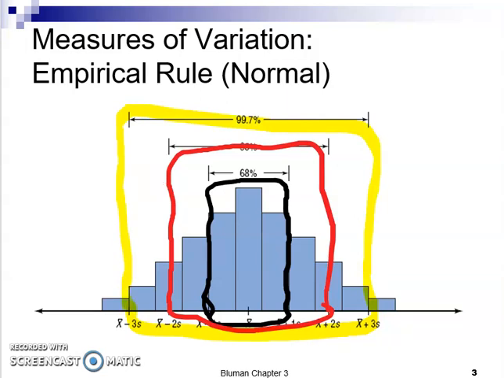Almost all the data is covered within that 3 standard deviations of the standard normal distribution. Now, we're going to use the fact that we know that these percentages lie within 1, 2, and 3 standard deviations.